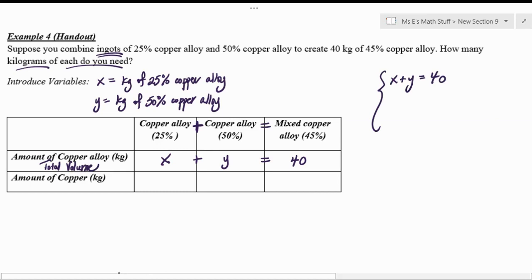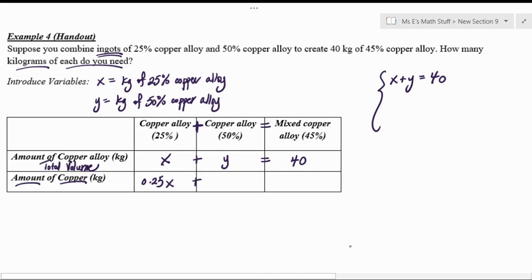But now we want to know how much actual copper is in there. If you have X kilograms, only 25% of it is actually copper, so 0.25 times X is the amount of copper from that part.